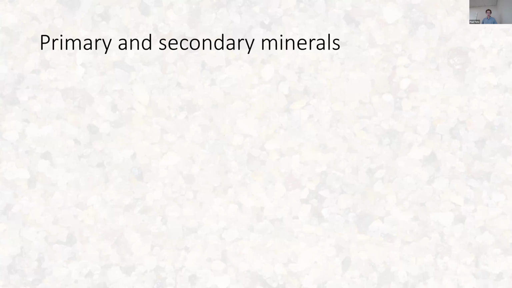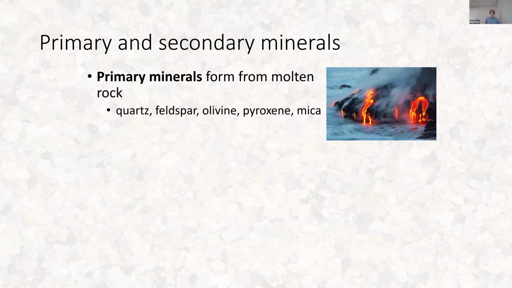So we talk about primary and secondary minerals, as a little continued review. The primary ones are forming from the magma. For example, this includes minerals like quartz, feldspar, olivine, in their original form as they emerge from the magma.